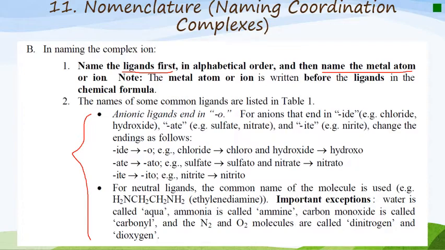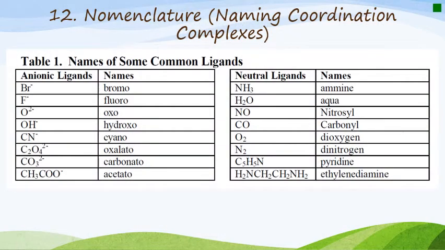Okay, if we move on to the next slide, you will see there's some names of some of the common ligands. I've already mentioned that in the previous unit. When we looked at the representative ligands, there's a table that I asked you to remember. And these are just some of the ones that this particular slide highlights.